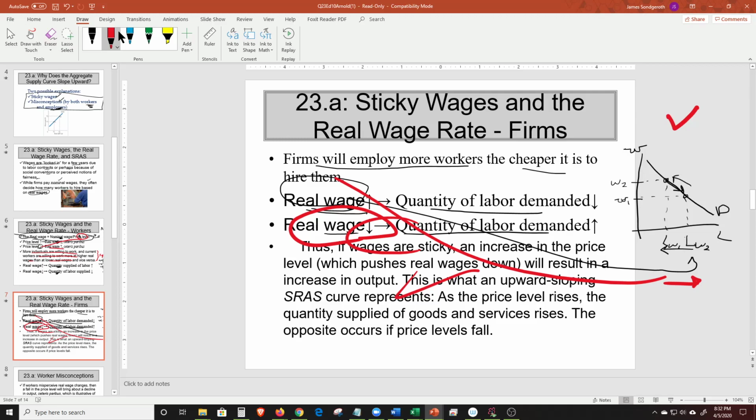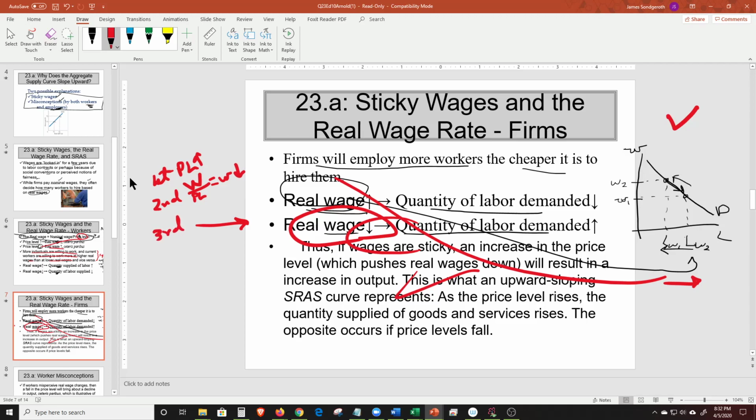So basically, let's see. It's this one right here. First, the price level increases. Second, because of calculating real wages, real wages decrease.